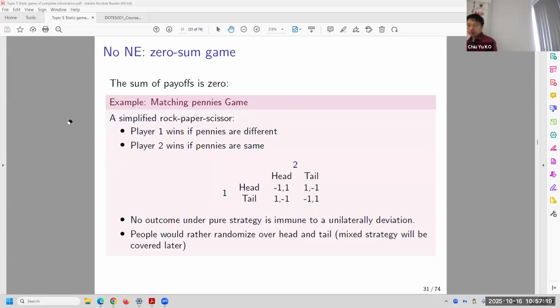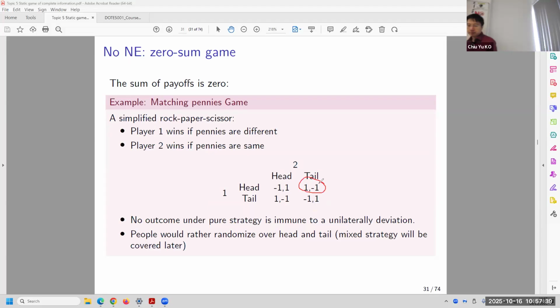And we need to check the other outcomes here. Is it Nash? The answer is no. Why? Because they're the same, and player one wants to be different, so he wants to jump up. And finally, is this a Nash equilibrium?